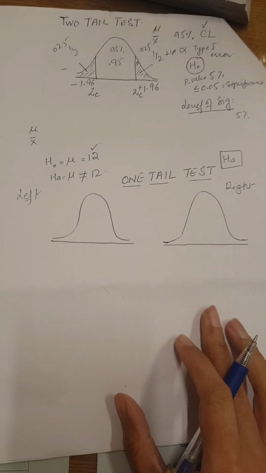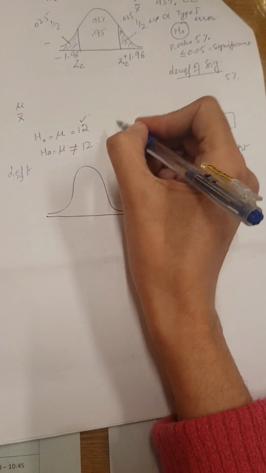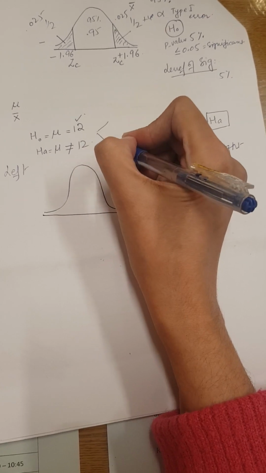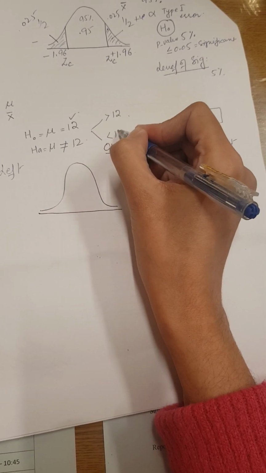So when the alternate hypothesis is saying that it is not equal to 12, obviously what are the two options? Either it will be more than 12 or it will be less than 12.